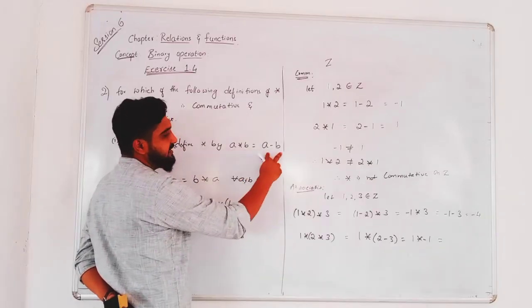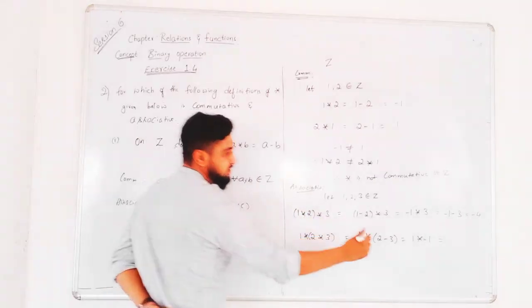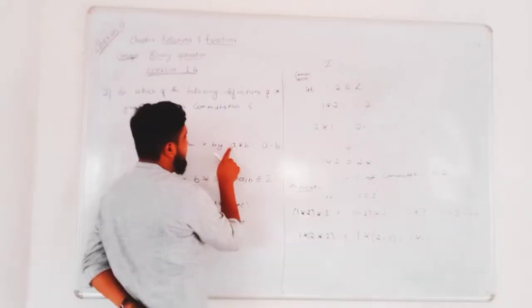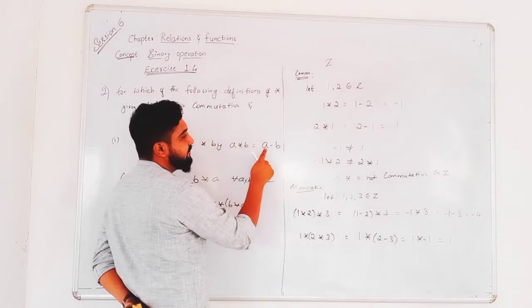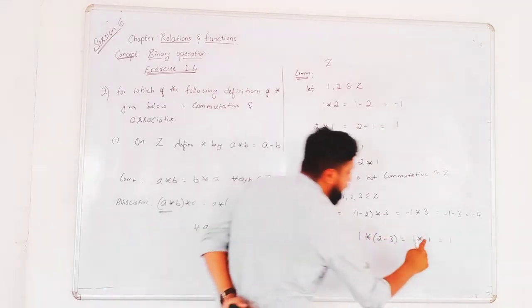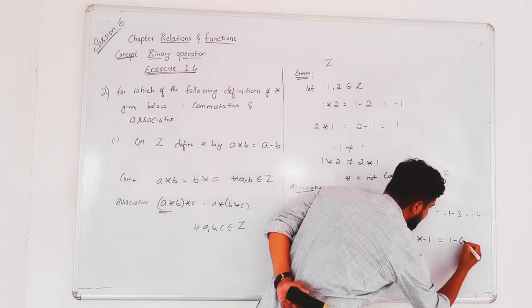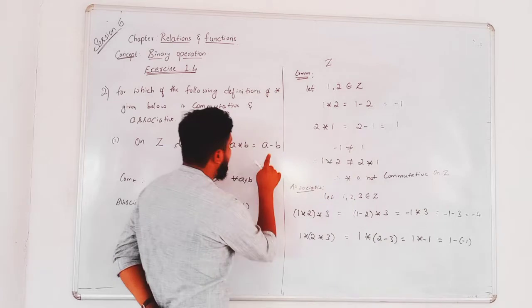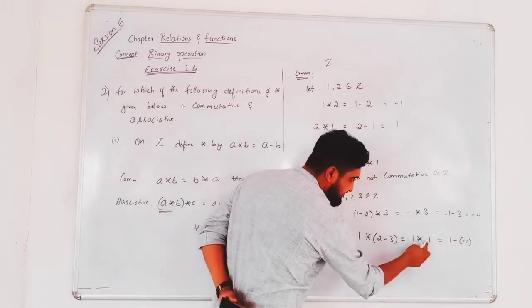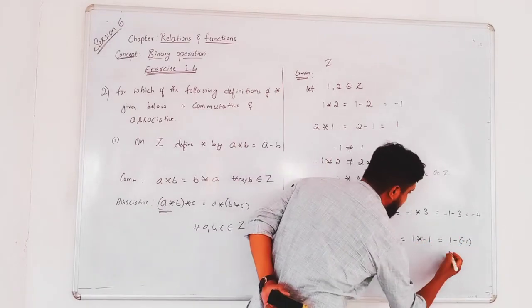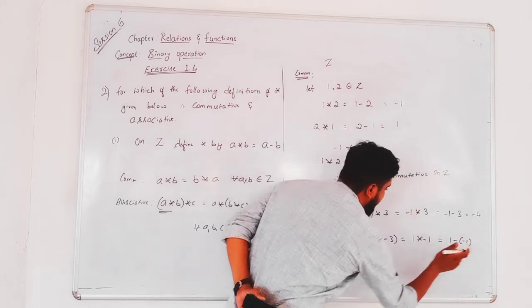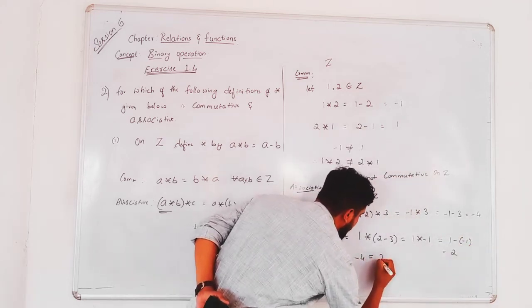A star B is A minus B. So 1 star minus 1. Look here, A star B, first minus second. So minus is as it is written here, and the second number itself is negative. That's why 1 minus of minus 1 is equal to 2. Clearly minus 4 is not equal to 2.